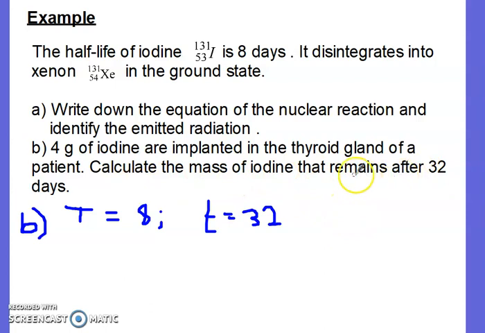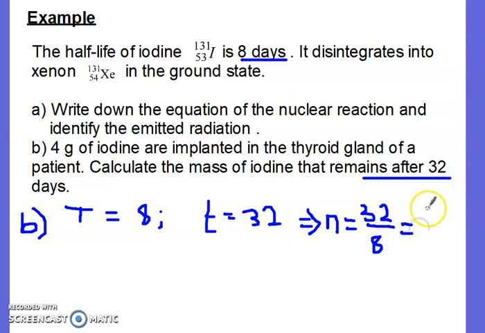So in 32 days, how many periods or half-lives exist? If you do the calculation, the number of half-lives is 32 divided by 8, which is 4 periods. Clear? So you need 4 periods to know the mass.